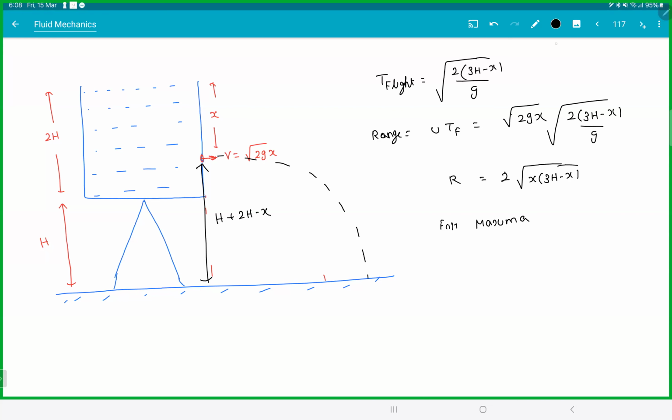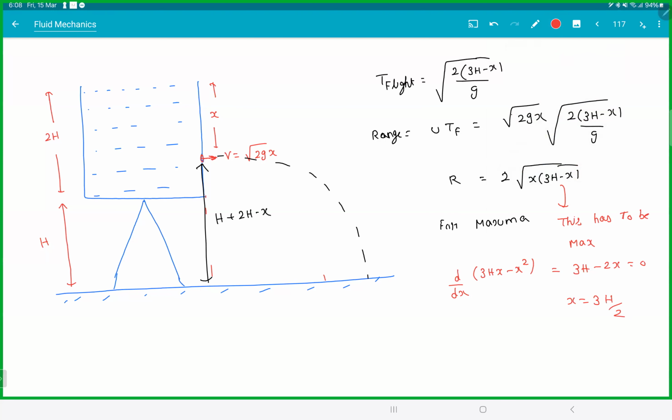So I just need to maximize the function inside. Therefore, d by dx of 3hx minus x squared, the differential is 3h minus 2x, equal to 0. x is equal to 3h by 2.